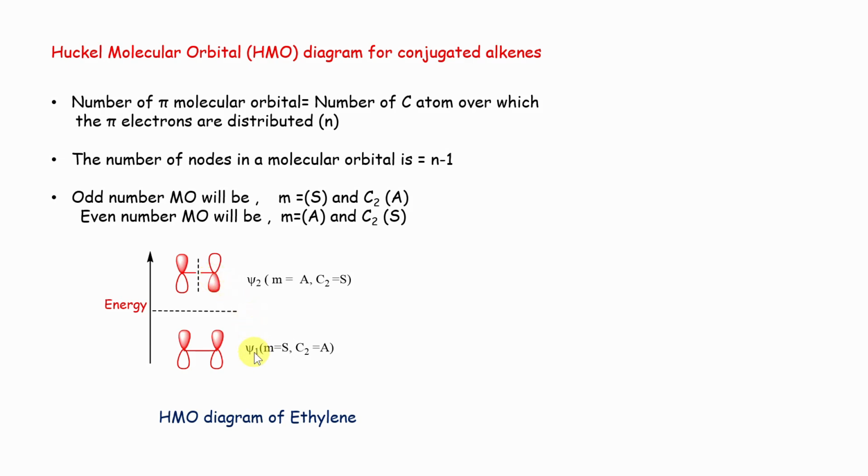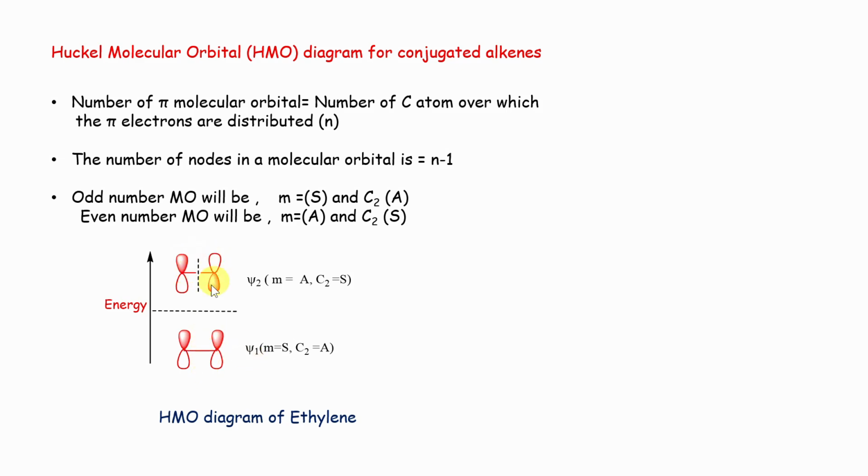Psi1 has n equal to 1. It is an odd number, so it is symmetric with respect to the mirror plane and anti-symmetric with respect to C2 symmetry. See, there is no node in this molecular orbital. The number of nodes is n minus 1. Here n minus 1 is 0.